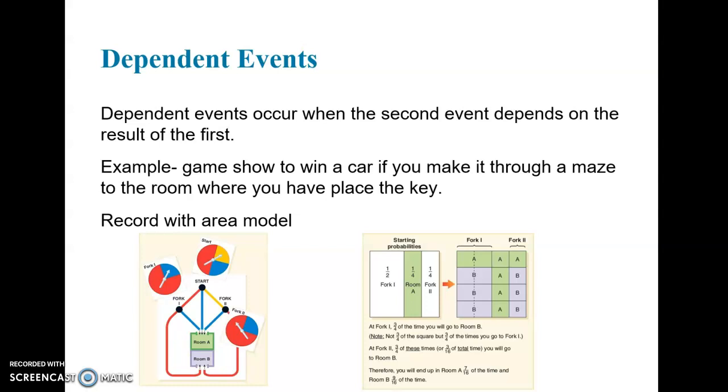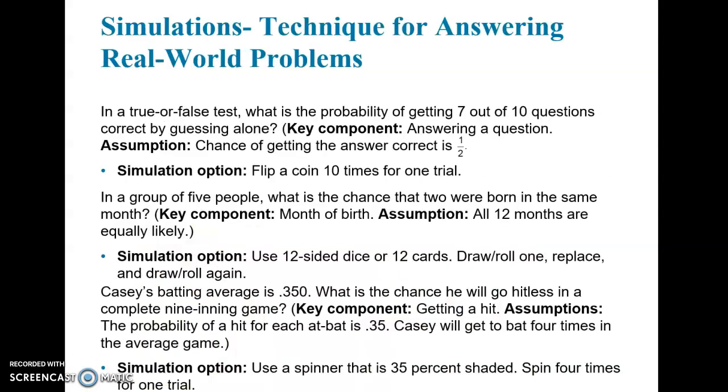Once you have reached room A or B, the game is over. There is no going back through the maze. In which room should you place the keys to have the best chance of winning the car? The figure on the left demonstrates this activity. You can also use area representations to determine the probability of a dependent event, as the figure on the right shows, keys to a new car task.